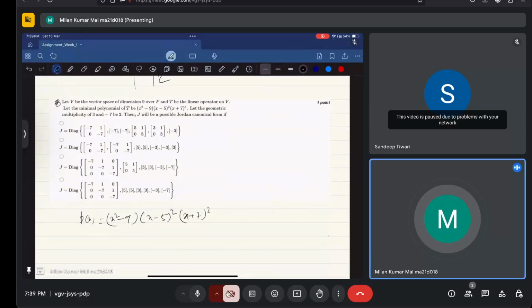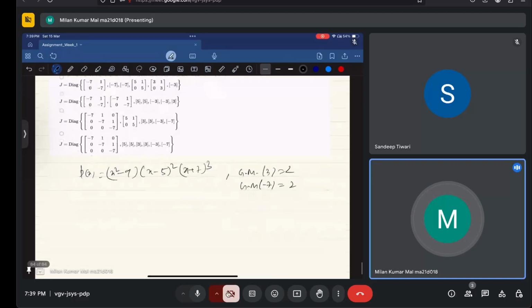Let the geometric multiplicity of 3 be 2, and the geometric multiplicity of minus 7 be 2. Then what will be the possible Jordan canonical form? That is what is asked.